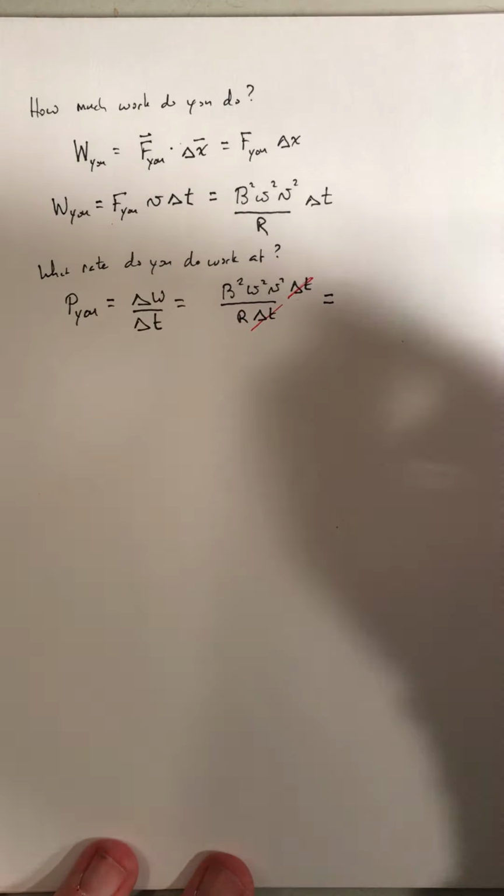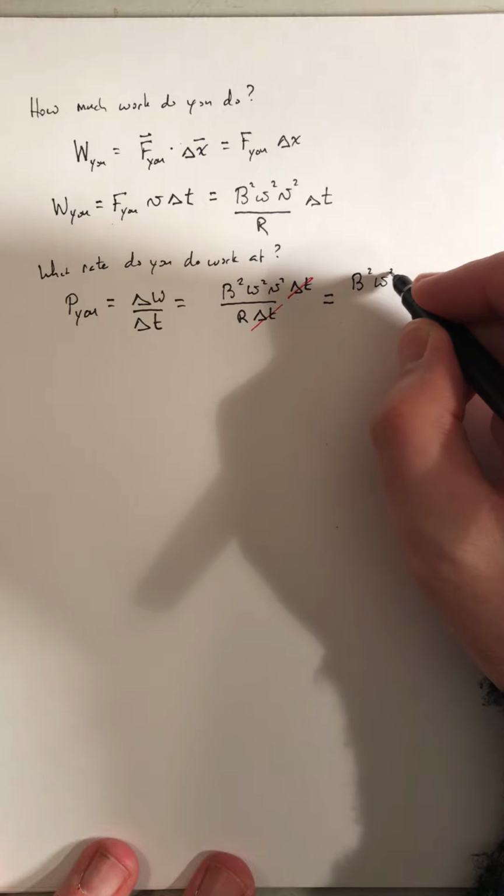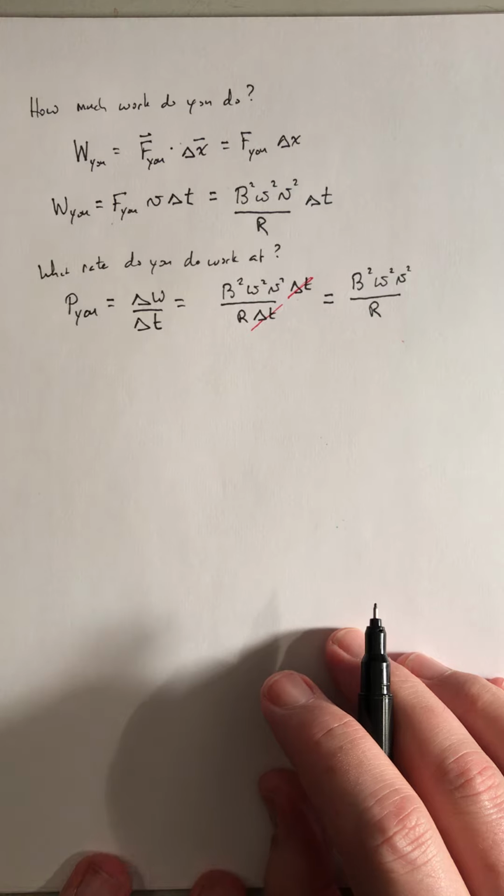So the rate that you have to do work is going to be B squared W squared V squared over R.